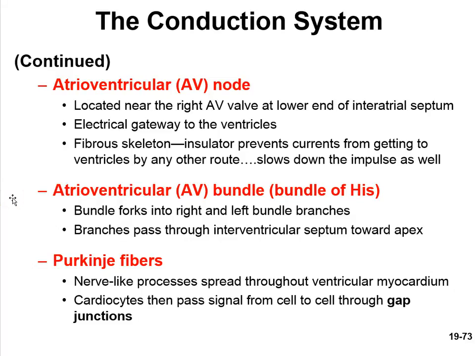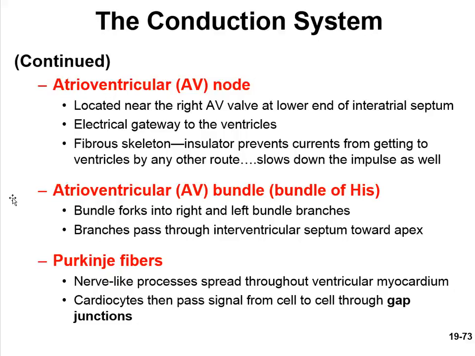The impulse is going to travel to this area, and one of its jobs is to slow the impulse just a little bit. We don't want the whole heart contracting at once. We want the atria to contract first, give time for that blood to get out of the atria down into the ventricles. Then we want the ventricles to contract.